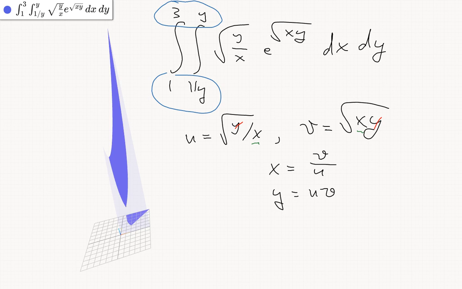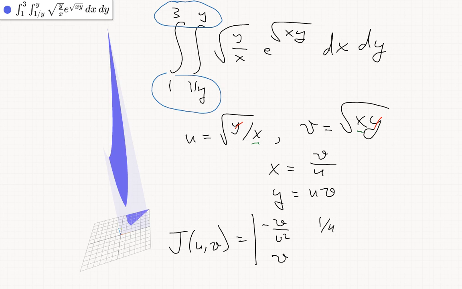So then we need to calculate the Jacobian. So J of uv, we have our determinant of, let's see, del x by del u will be negative v over u squared. Del y by del u will be v.